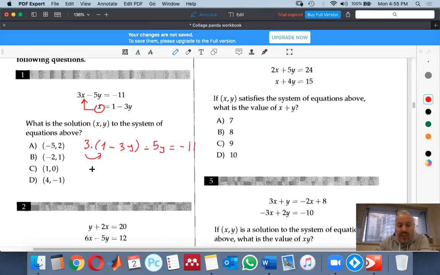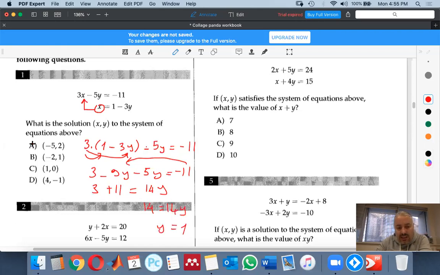So 3 times 1 is 3, 3 times negative 3y is negative 9y. Minus 5y, negative 11. Negative 9y and negative 5y make negative 14y. Moving 3 to the other side, 11 and 3 make 14, equal to 14y. That means y is equal to 1.